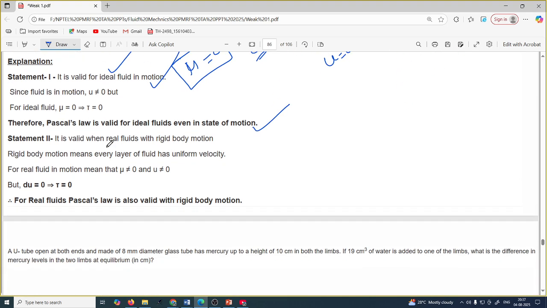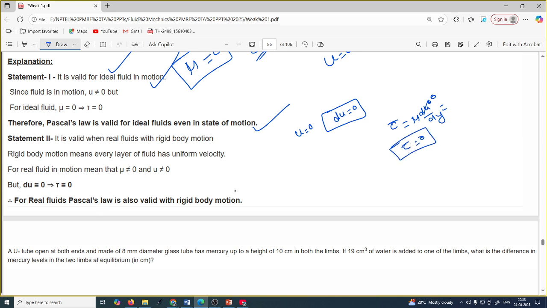Now the second one is, it is valid for real fluid with rigid body motion. Rigid body motion means all fluid particles have uniform velocity. So change in velocity will be 0. If change in velocity is 0, tau formula is mu du by dy, so if this is 0, then all your terms will be 0.